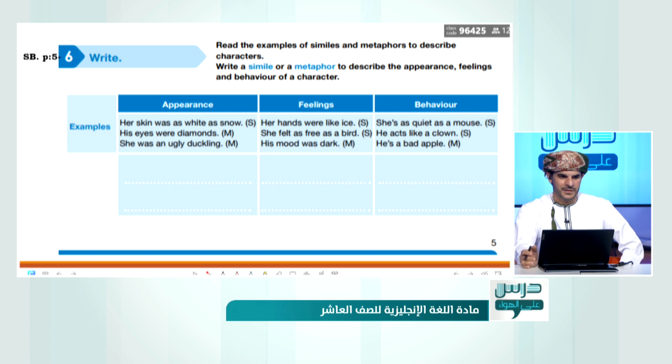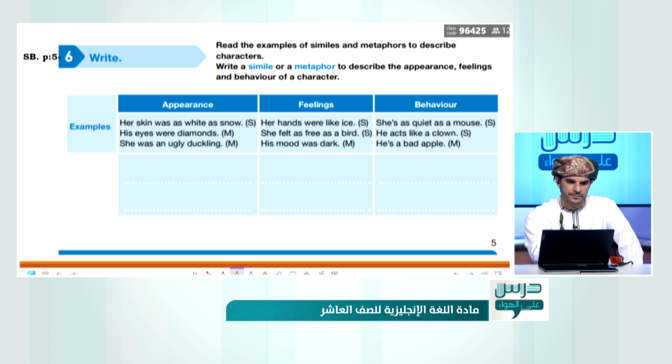Okay, let's go to, I believe, the last activity before the homework. Read the examples of similes. Here you have some similes and metaphors describing characters. Write a simile or a metaphor to describe the appearance, feelings, and behavior of a character.